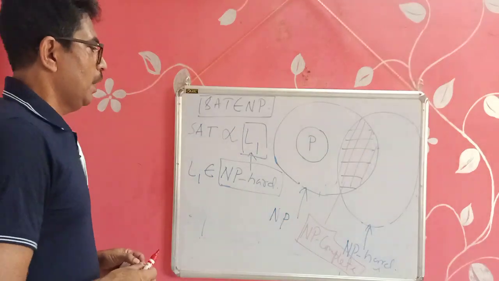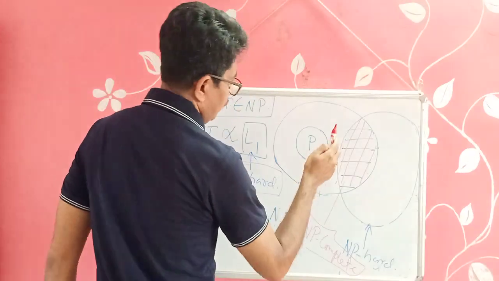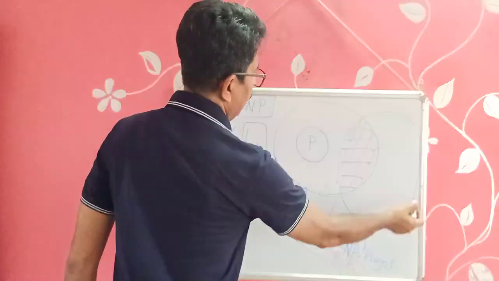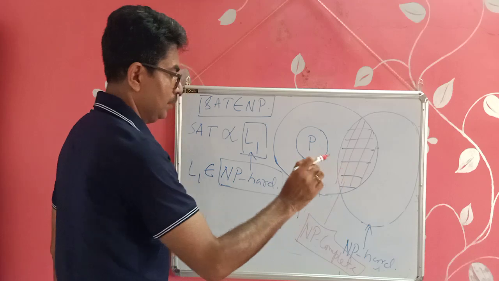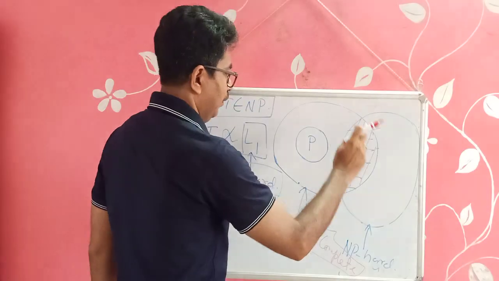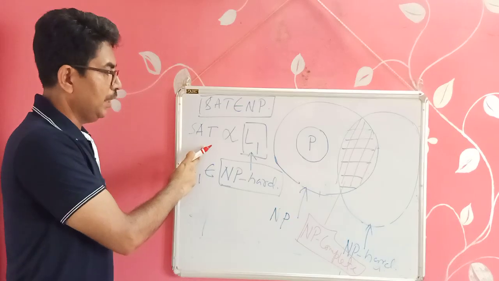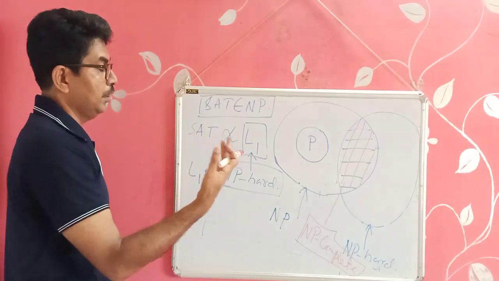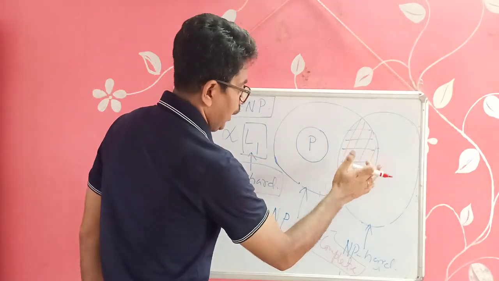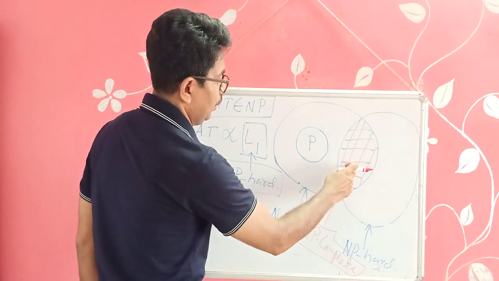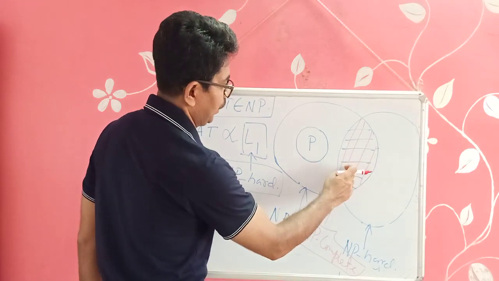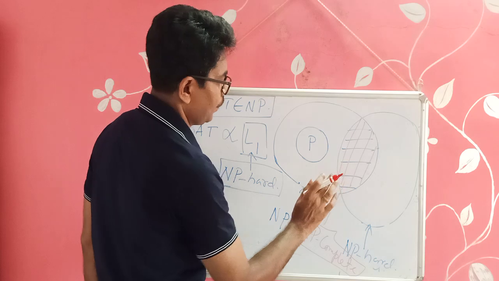So here we can say that for the problems which belong to NP hard, we will have a solution if we can solve the problem SAT by applying a deterministic polynomial time algorithm. And they have a non-deterministic polynomial time algorithm till now.